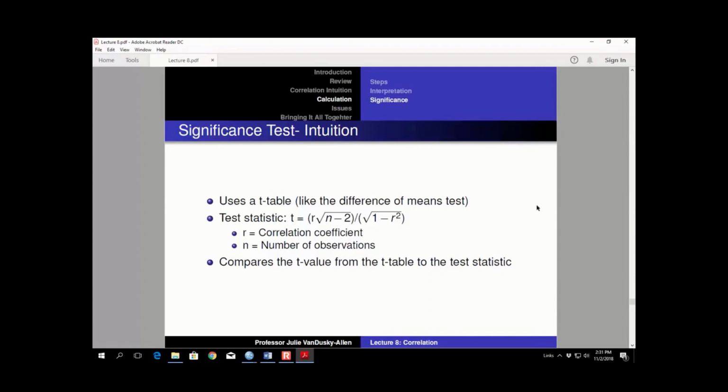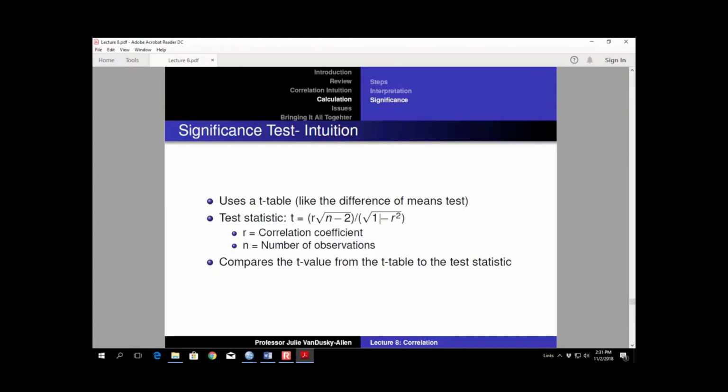It finds an appropriate value from the t-table, and then it calculates a t-statistic, which equals the correlation coefficient times the square root of the number of observations minus 2, and that value divided by the square root of 1 minus correlation coefficient squared.